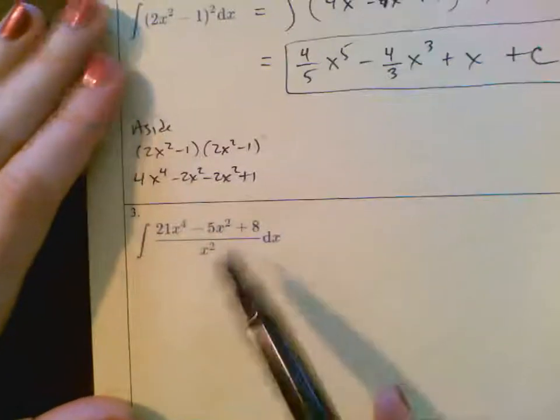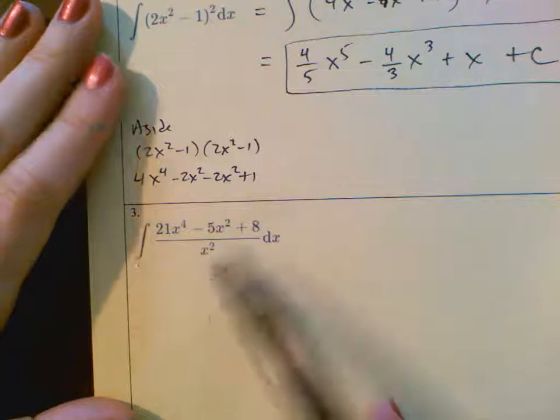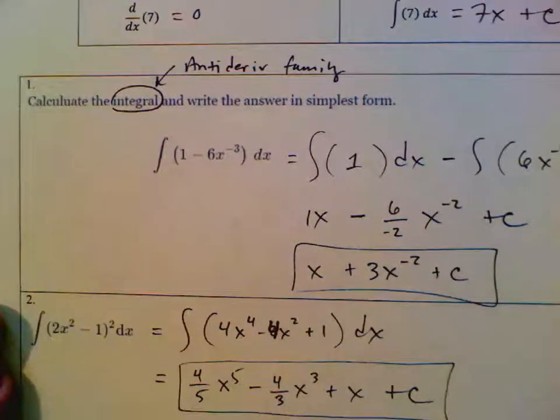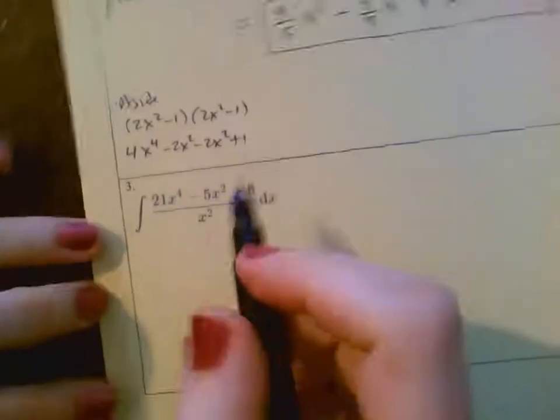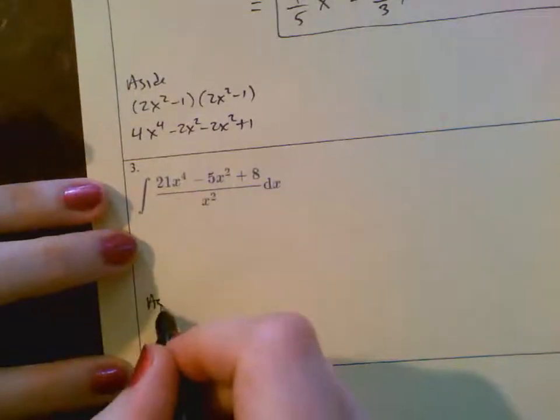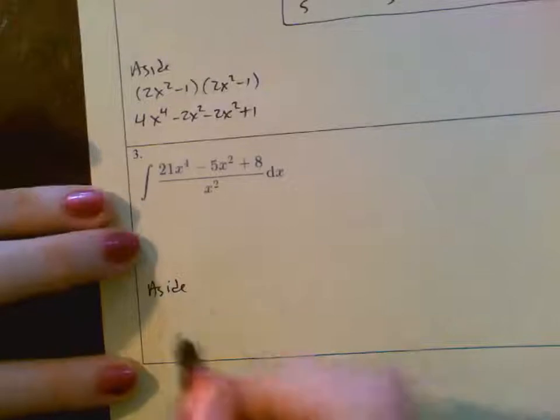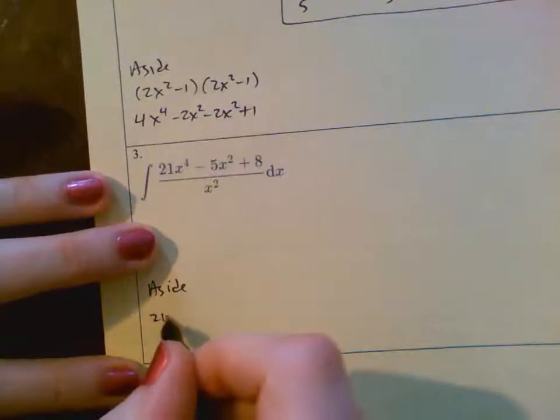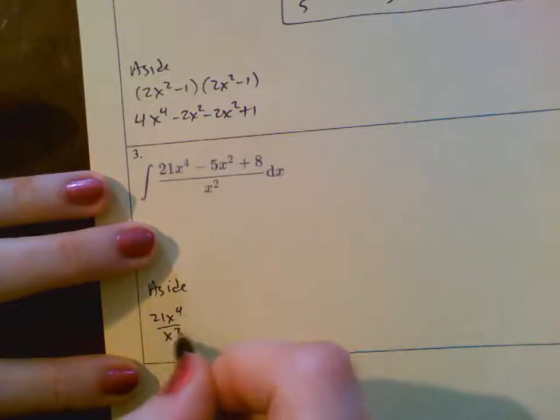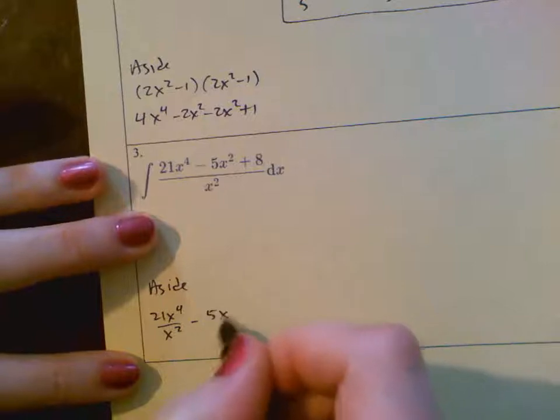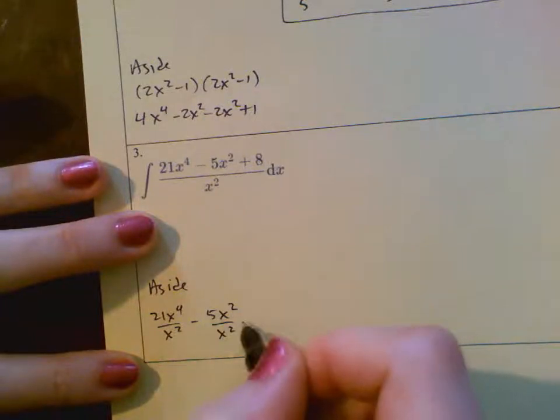Now something like this, again not of this form or this form. So we're going to also have to do some kind of aside. You can split this up because the bottom is just a monomial.